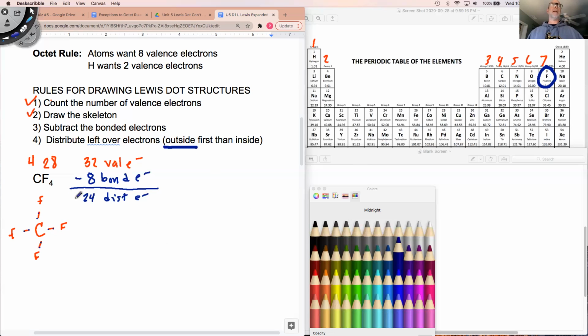So we start adding them in until we add up to 24. 1, 2, 3, up to 24. But you probably already recognize that each one of these fluorines needs 6 electrons, and 6 times 4 equals 24. And yes, it'll work out perfectly every single time.